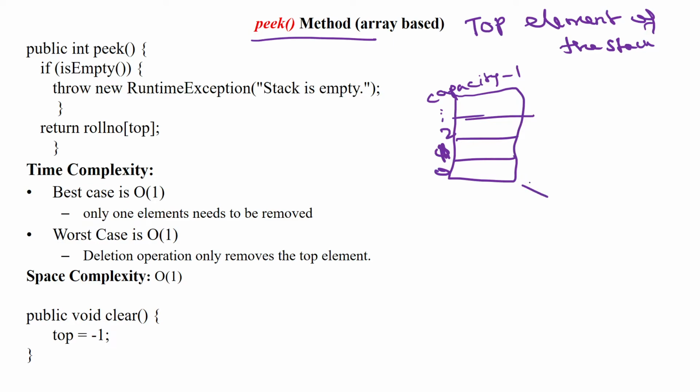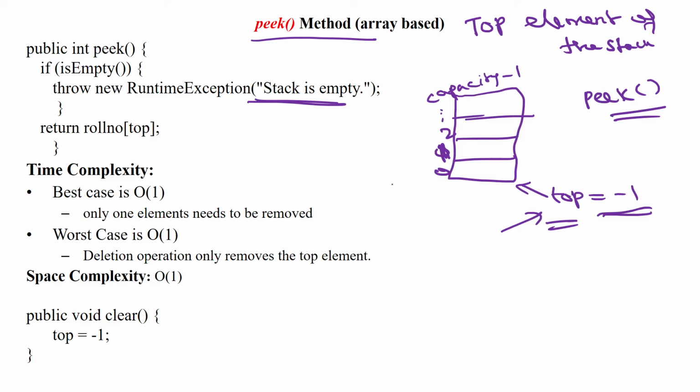So initially if the stack is empty, our top value is -1. This indicates the stack is empty. So if I call the peek method, it returns top value -1, which means our stack is empty.